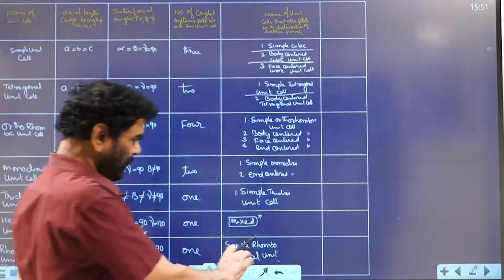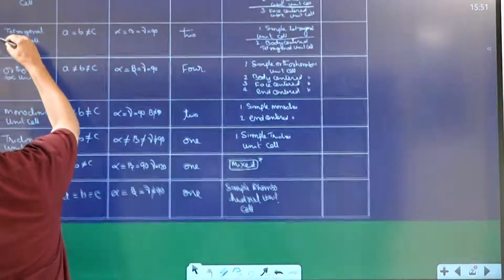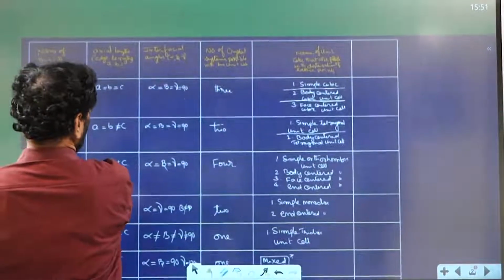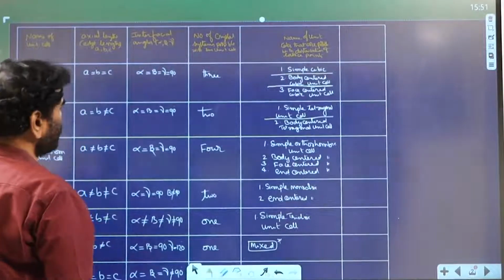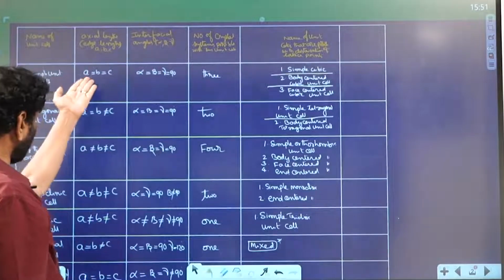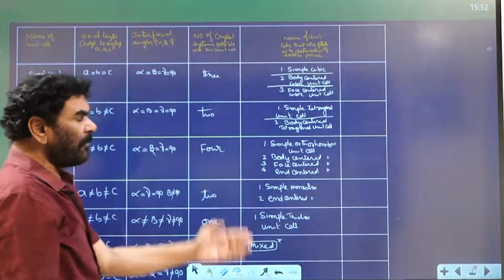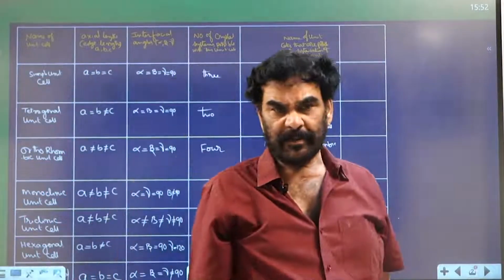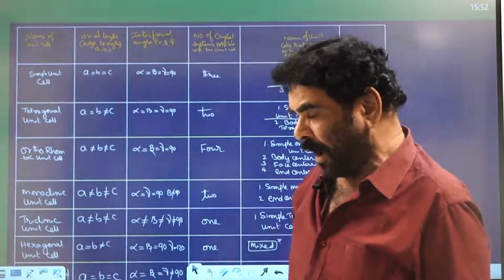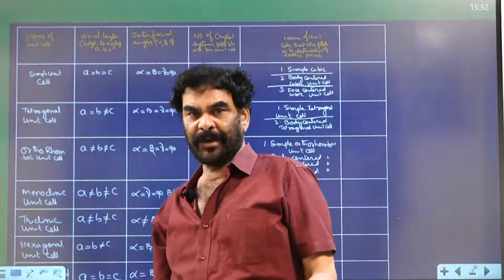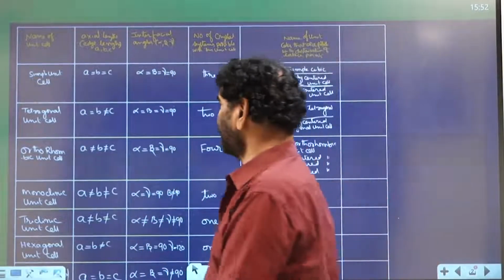See, first one. The relation between A, B, C and the relation between alpha, beta, gamma are taken. 3 axial lengths, 3 axial angles. Are they same or different? The axial lengths and axial angles are taken into consideration.